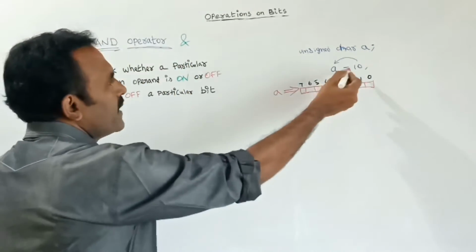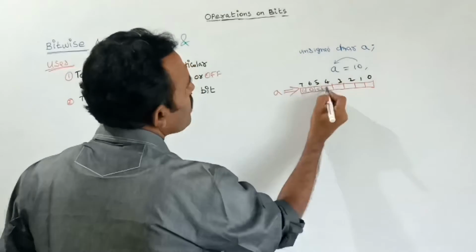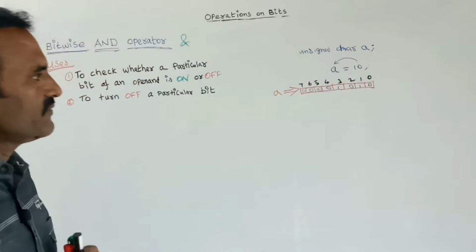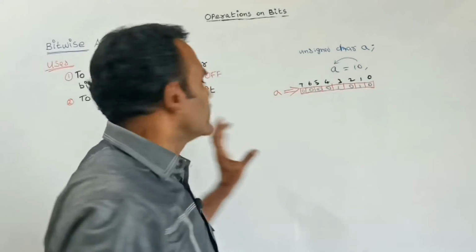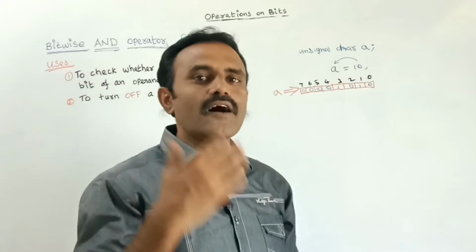So what is the binary value of 10? The binary value of 10 is 1010. Now let us see the first use: it is used to check whether a particular bit of an operand is on or off.